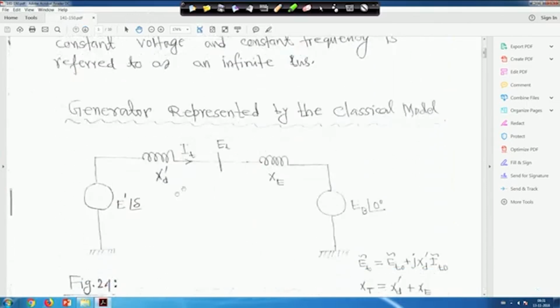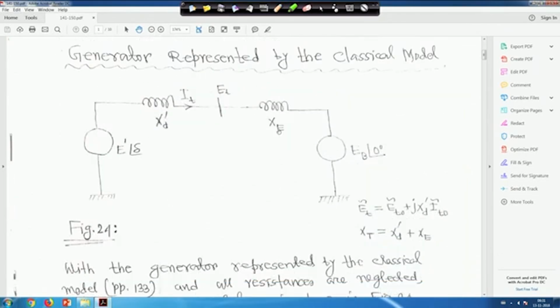So this is my E d dash tilde, this is E t, that is the voltage behind transient reactance x d dash, and this is x c and E b angle 0. R e we have not considered here. This voltage is leading that voltage by an angle delta, and E t tilde is equal to E t 0 plus j x d dash into I t 0 tilde.